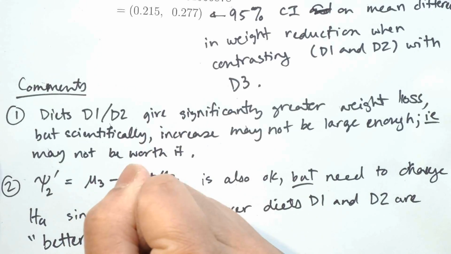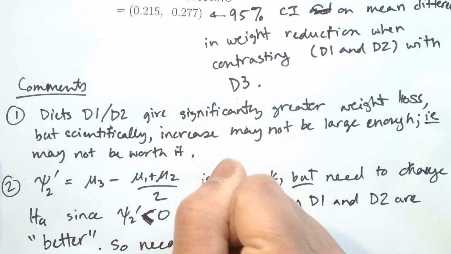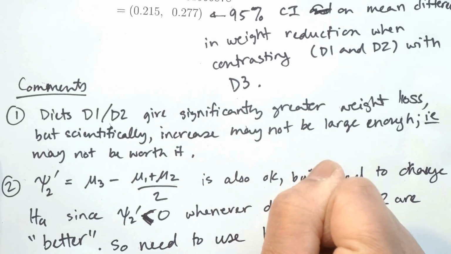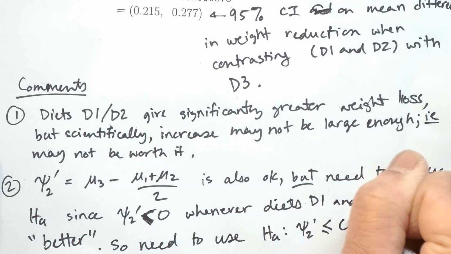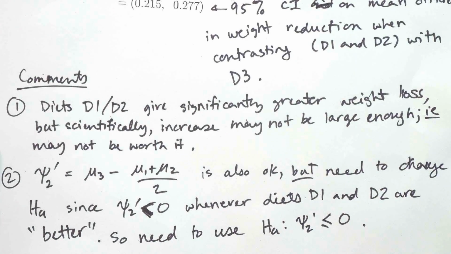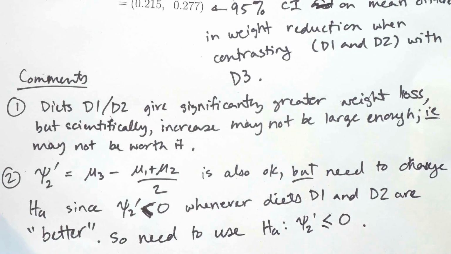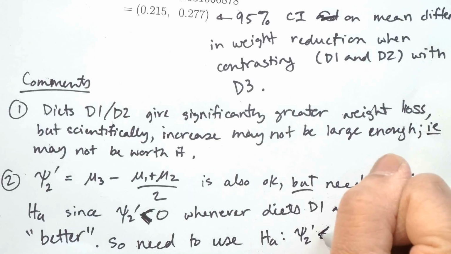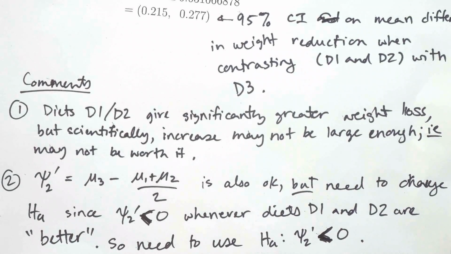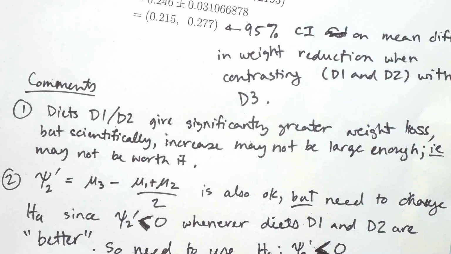Okay, so I need to use HA: psi 2 prime is less than or equal to 0. Okay, all right, so that is, oh, actually, no, it should be less than 0. Okay, so that is it for specific contrasts.